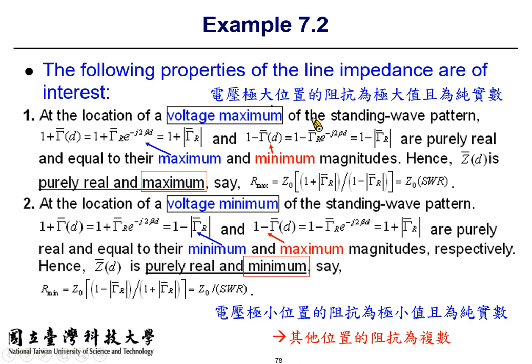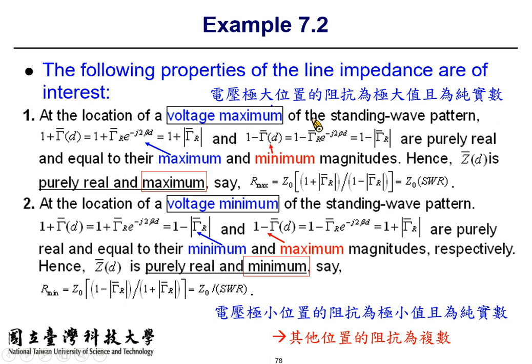Okay? So you see, on the right end of the real axis, you find the maximum voltage and minimum current, so you have the largest impedance, which is Z sub 0 times SWR.